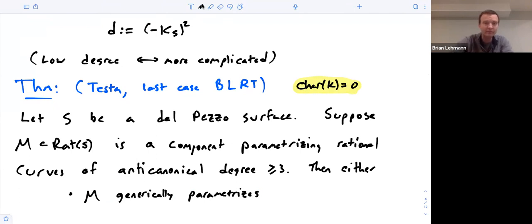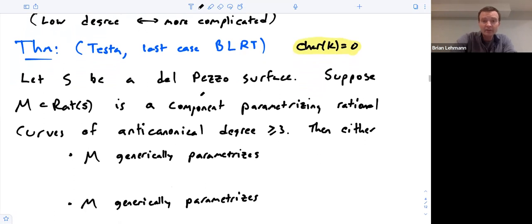This is a theorem due to Testa, except that Testa proved this theorem for almost all del Pezzos. So he proved it for del Pezzos of degree at least 2, and then also for general del Pezzos of degree 1. And then in the paper that I'm talking about, we handle the last case just to finish off this theorem for arbitrary del Pezzos of degree 1.